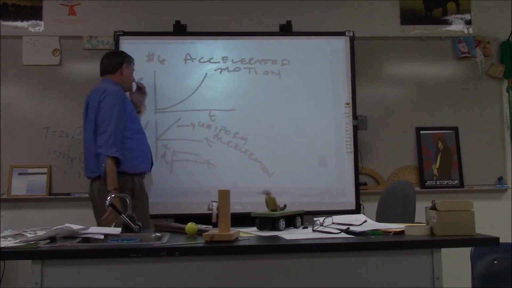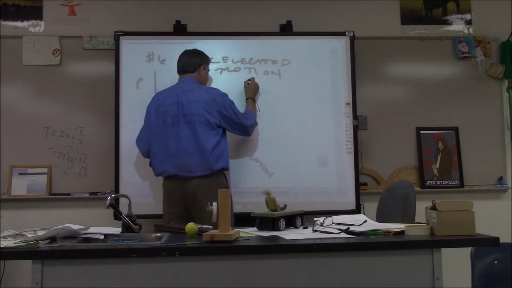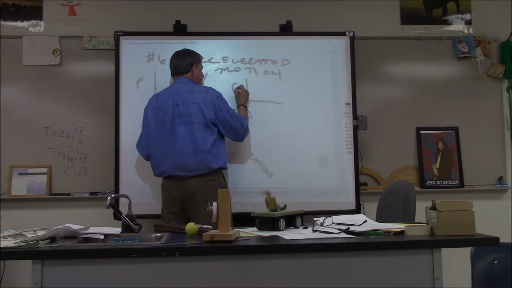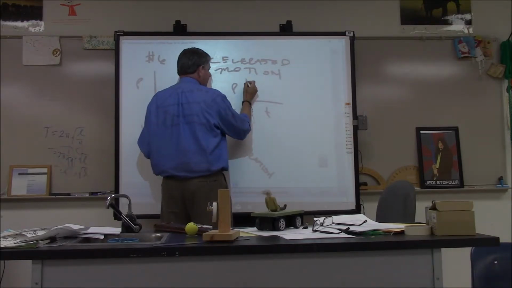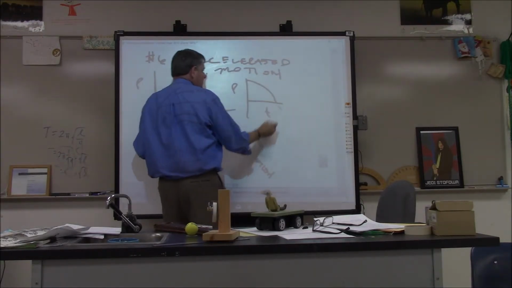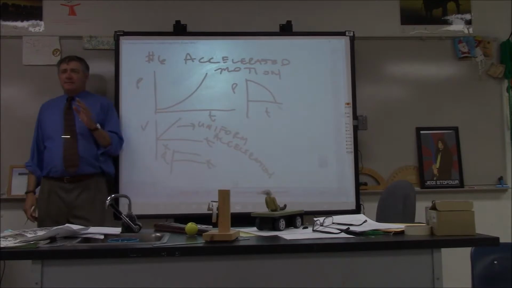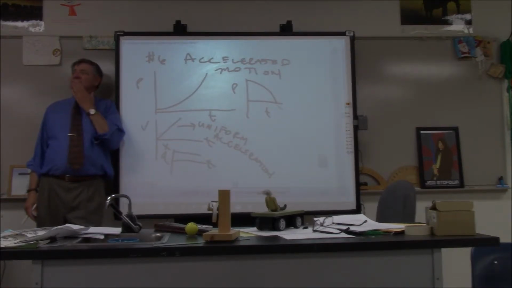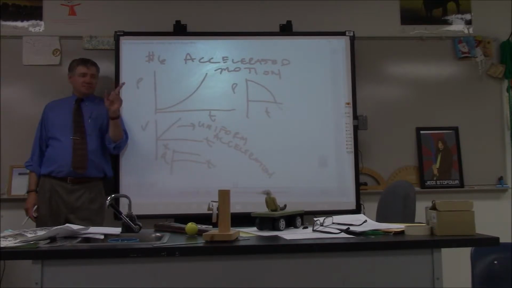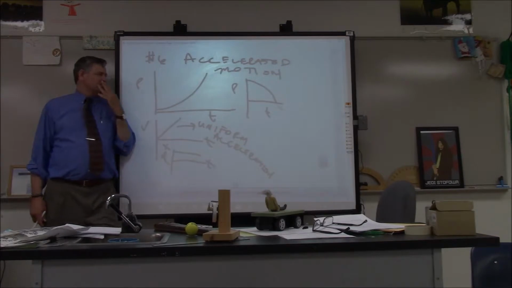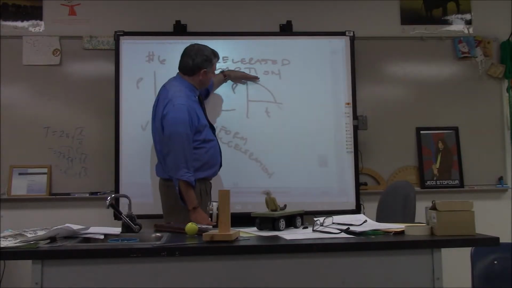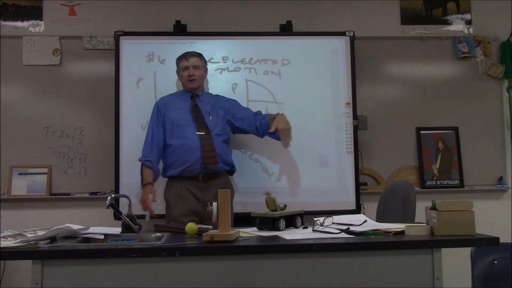Okay, now, here's the next thing. What if I had a position time graph that looked like that? So what does that indicate? First off, am I speeding up or slowing down? Slowing down. Oh, you're speeding up.